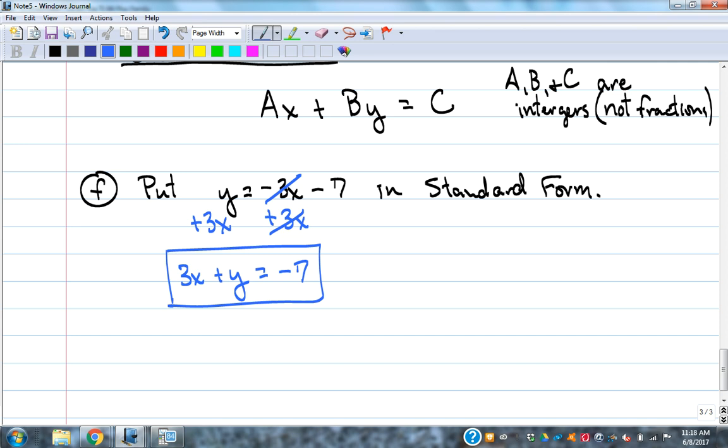But if for some reason maybe you're given something like 2y is equal to 6x plus 8, what do you know all 3 of those numbers are divisible by? 2. So you would divide everybody by 2 before you even start. Okay, so make sure you do that. It's just simplifying the problem. Okay, so that's one of the other little rules about standard form. That if you're starting from slope-intercept form, you won't ever encounter it. But if you're starting from something else, you might.